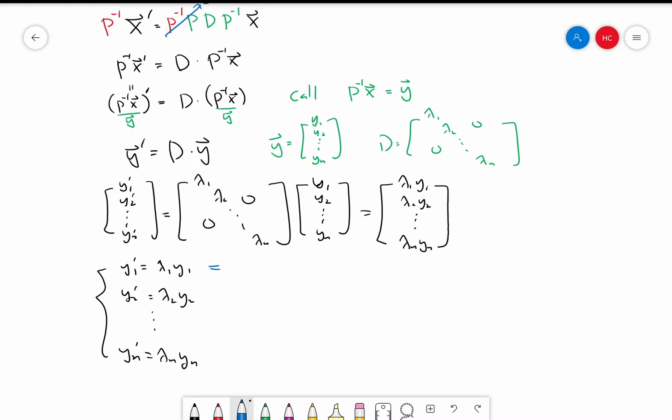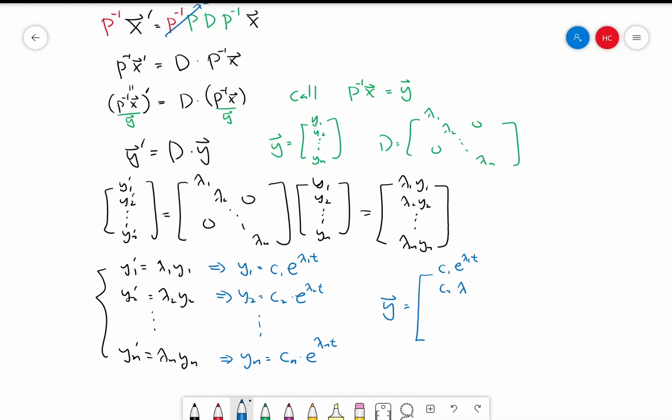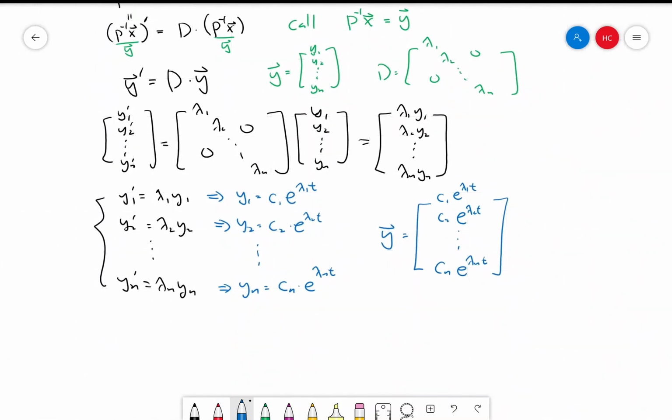So y1 is c1 times e to the lambda 1 t, with an unknown constant, y2 is c2 times e to the lambda 2 t, and yn is cn times e to the lambda n t. So the vector y is c1 e to the lambda 1 t, c2 e to the lambda 2 t, and cn e to the lambda n t. Solving for y is really easy because the coefficient matrix is diagonal.